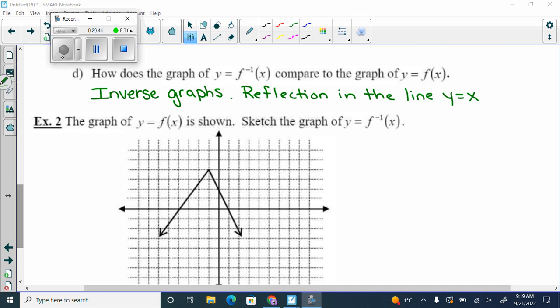Okay, I'm going to use this point, and this one. I'm going to guesstimate them. So this one is at negative 3, 1. It's going to become 1 and negative 3.